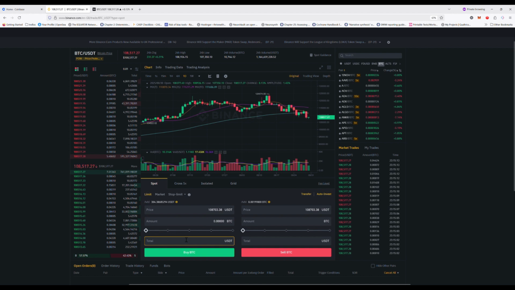The buy order will only be fulfilled when the price reaches the price I want to buy. For example, at the moment it's 108k, but I want to put 106. The order will be fulfilled when the price goes down, if it goes down.